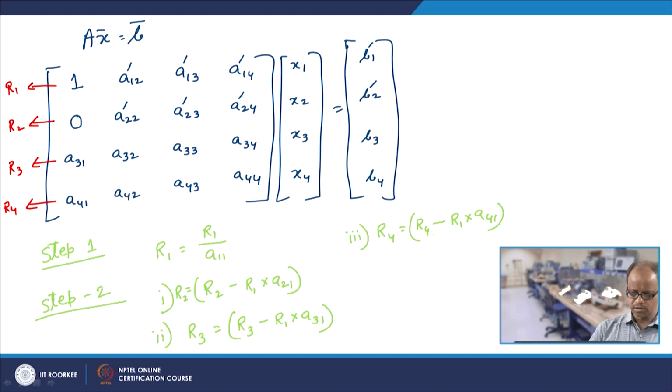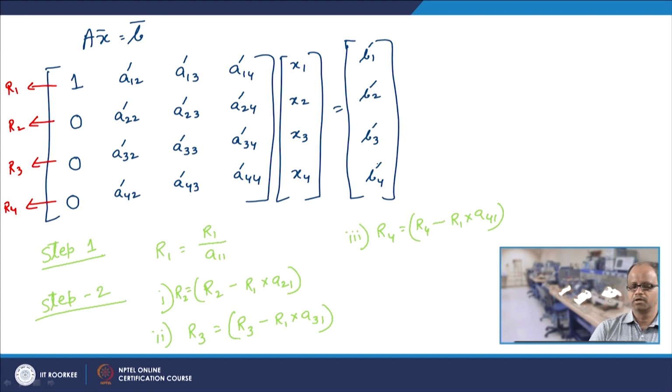Once we do this, by the same logic this would be 0, this also would be 0, and all these terms will change to A32 dash, A33 dash, and so on.